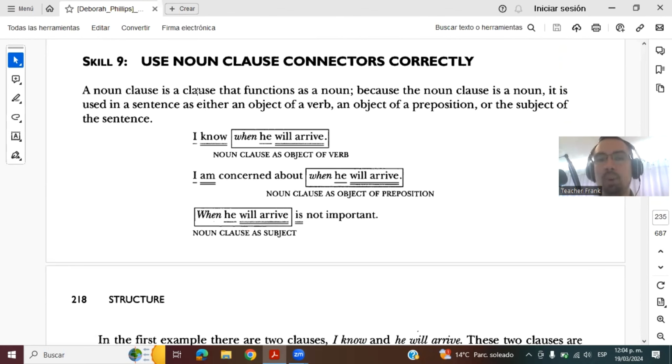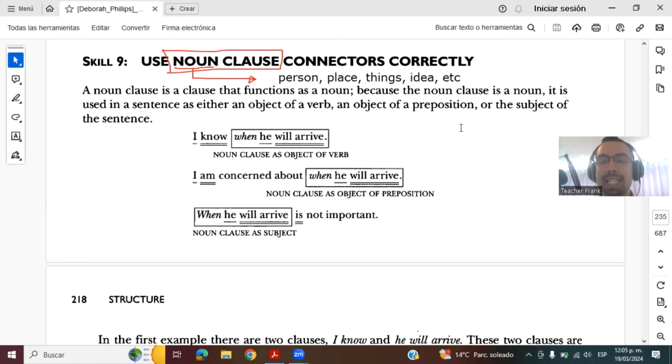In this case, first we're working with noun clauses, okay? Noun clauses. So for this, we need to remember what is a noun. Do any of you remember what is a noun? Yes, correct. A noun is a person, is a place, is a thing, is an idea, etc., right?